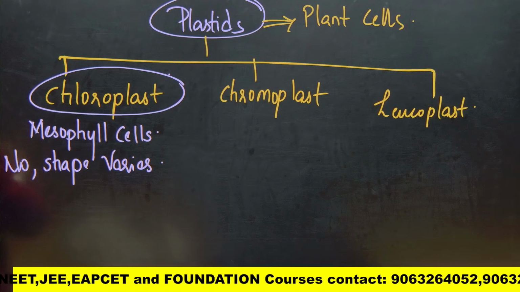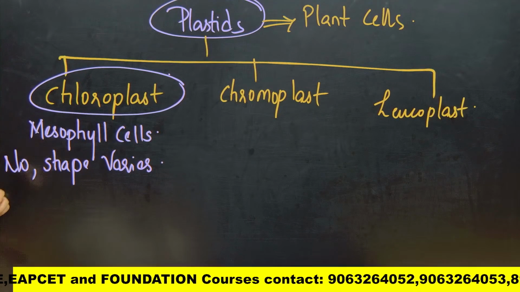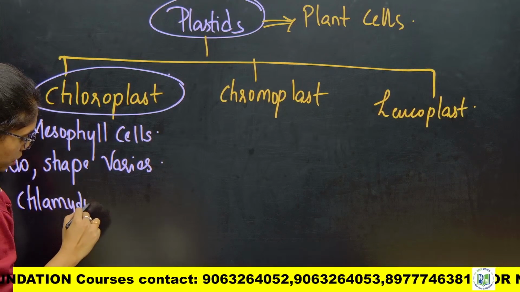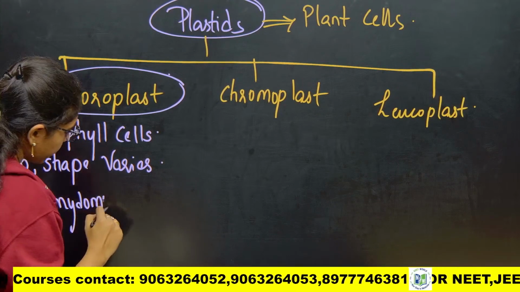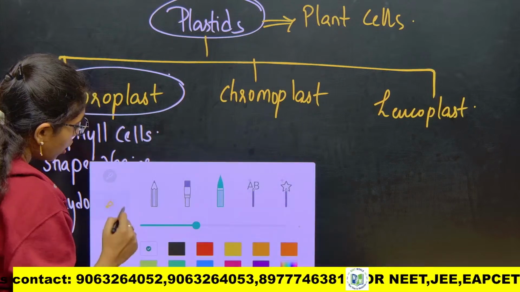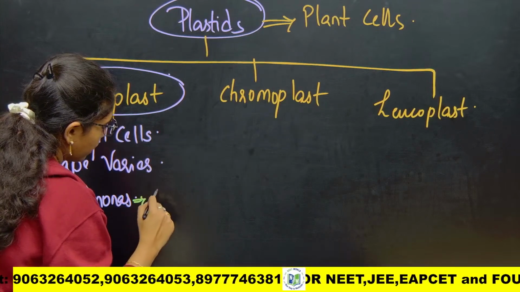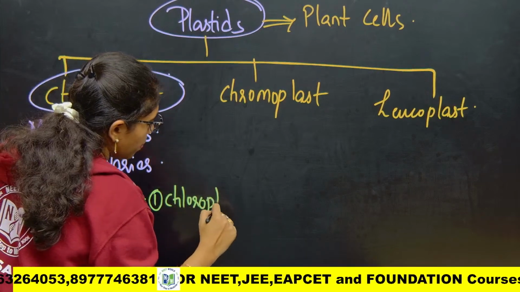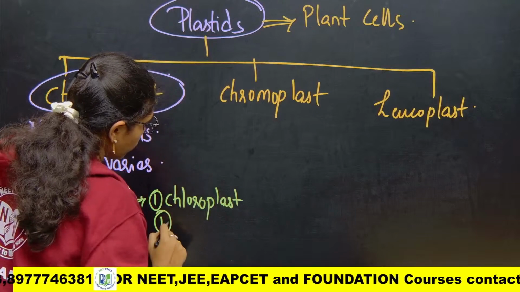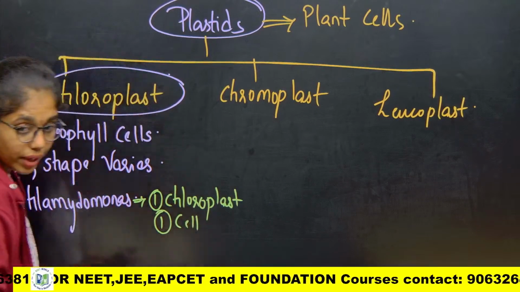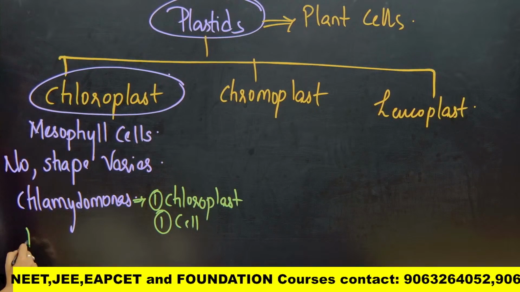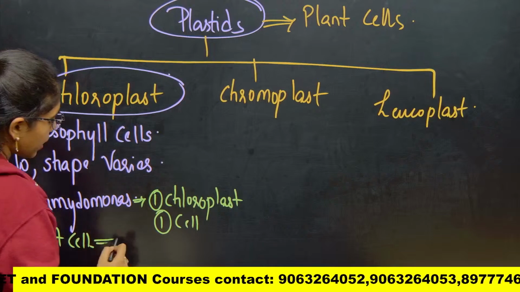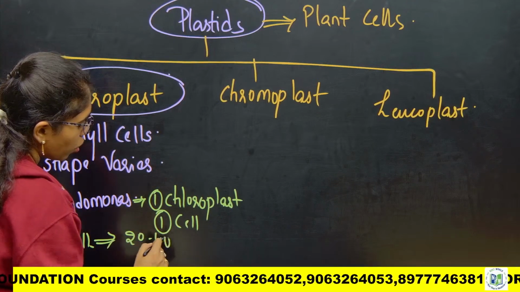But let us assume between different species, for example Chlamydomonas, which is unicellular. It will have a single chloroplast per cell. Whereas in an advanced plant cell, chloroplast number can be up to 20 to 40 per cell.